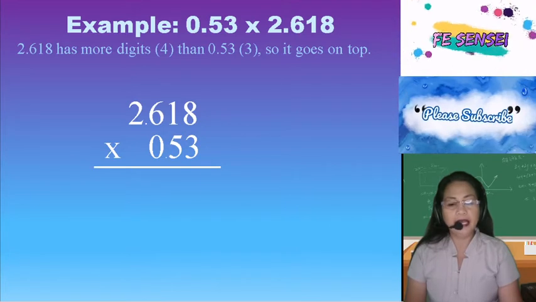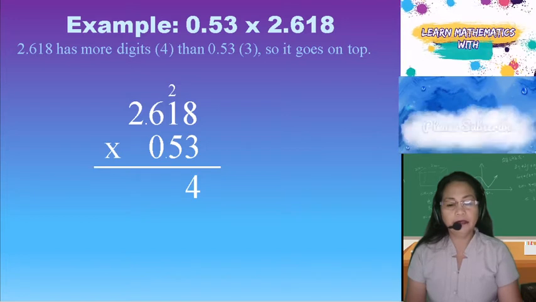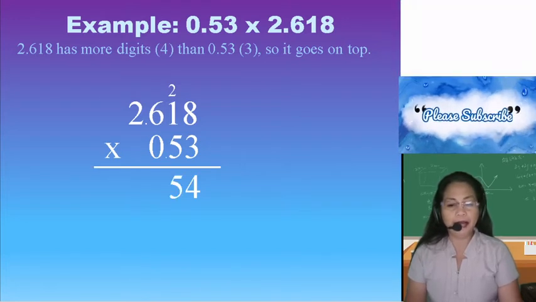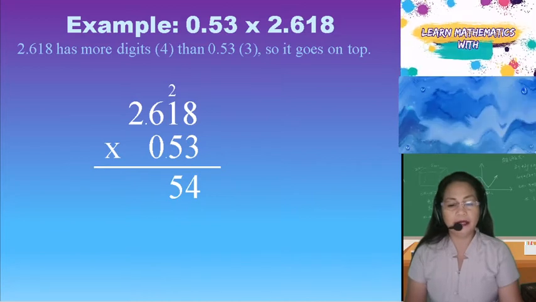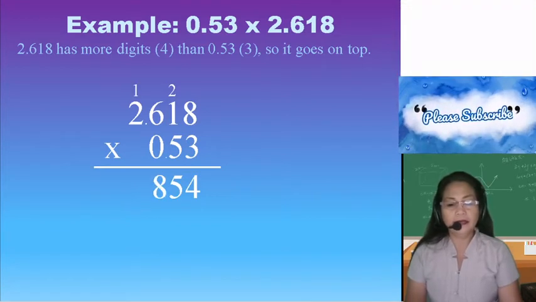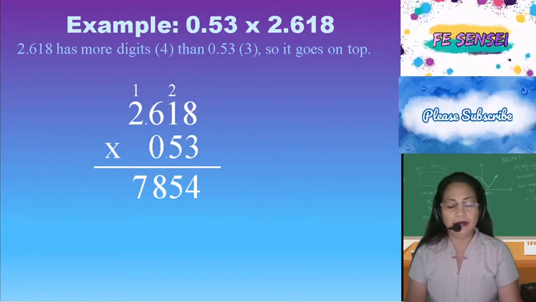8 times 3 is 24. 4 carry 2. 3 times 1 is 3 plus 2 equals 5. 3 times 6 equals 18. 8 carry 1. 3 times 2 is 6 plus 1, it's 7.